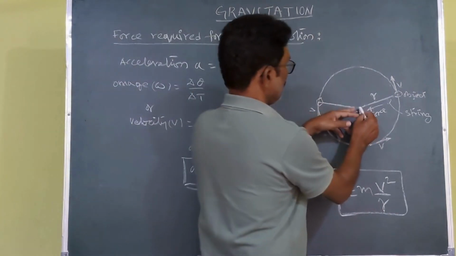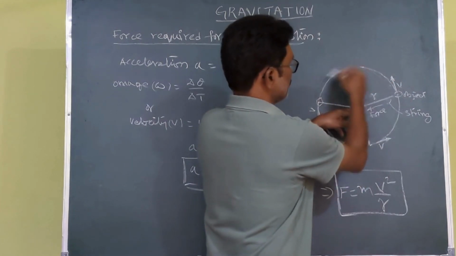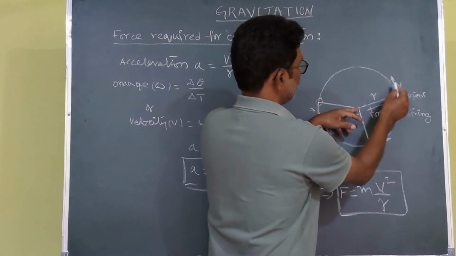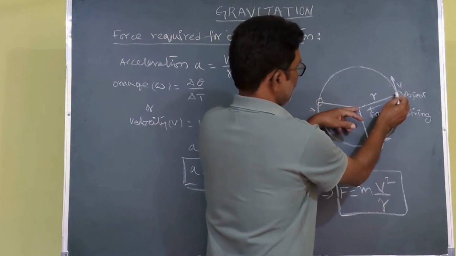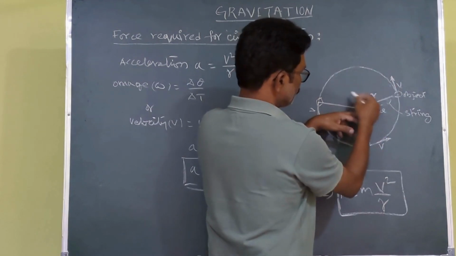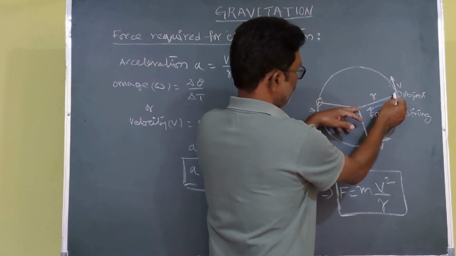If you see this diagram, this is the string of radius r, this is the circle, and this is the object moving along this path with uniform speed.